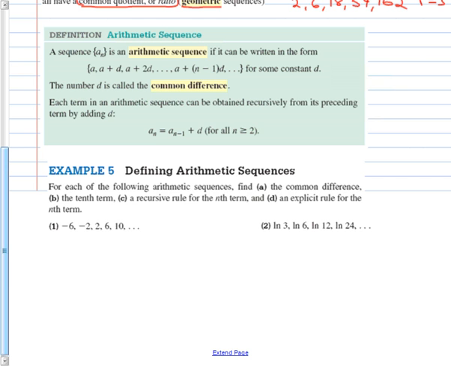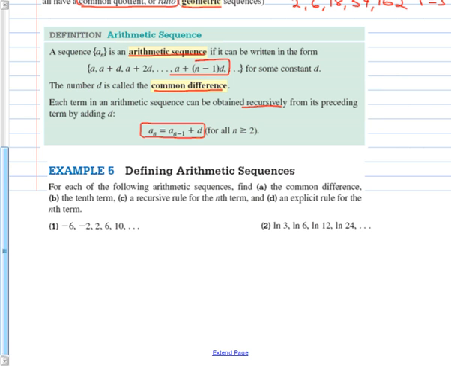Somewhere in your mind, you need to dredge up the arithmetic sequence formula that has a common difference in it. Here it is. There's the formula that will find any term in an arithmetic sequence. I just take the previous term and add, oh, that's recursive. Where's my other formula? There it is.